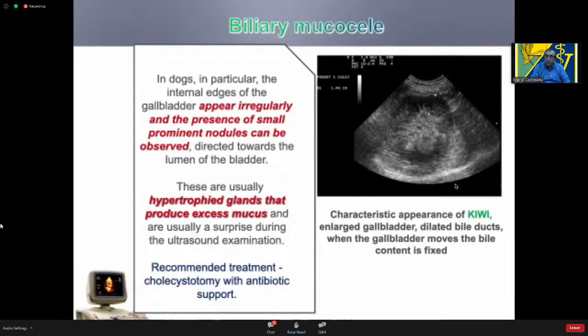The gallbladder appears enlarged with dilated bile ducts, of course, and when the gallbladder moves, the gallbladder content is fixed. The recommended treatment is a cholecystotomy with antibiotic support.